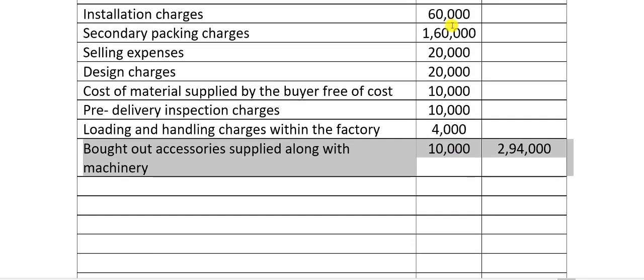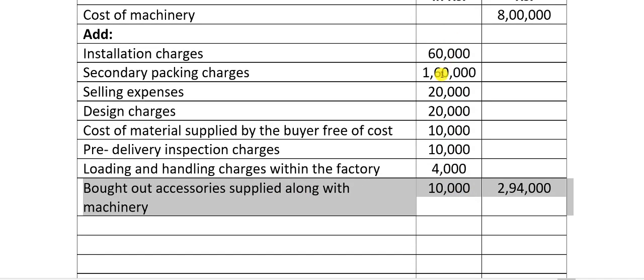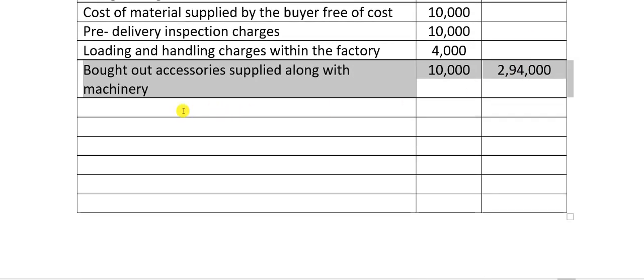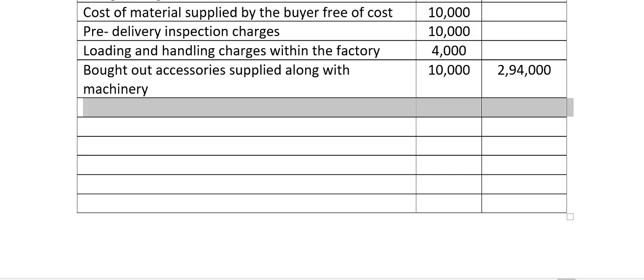When you add all of this, that is 60, 120, 220, 240, 260, 270, 280, 290, 294, so 2 lakh 94,000. When you add that to 8 lakh, you get a subtotal of 10 lakh 94,000.